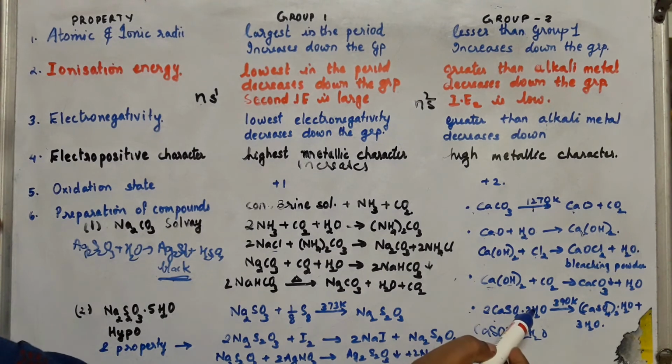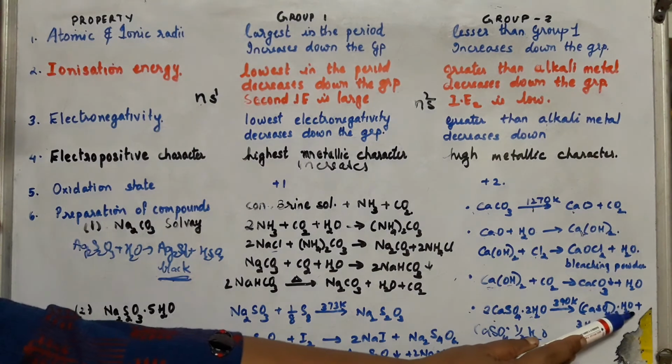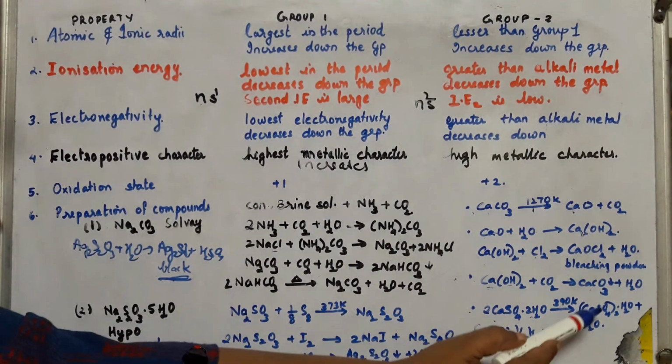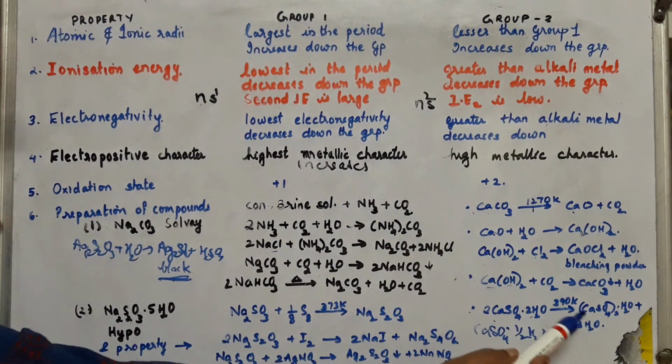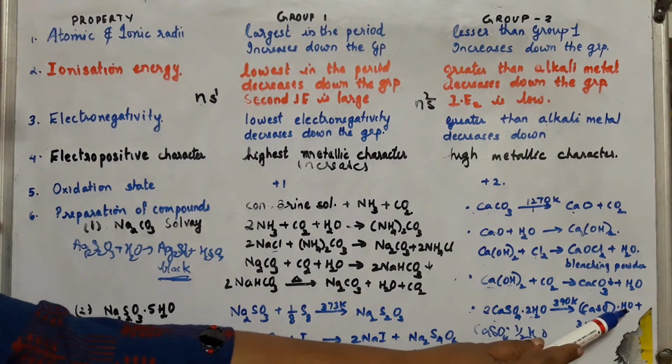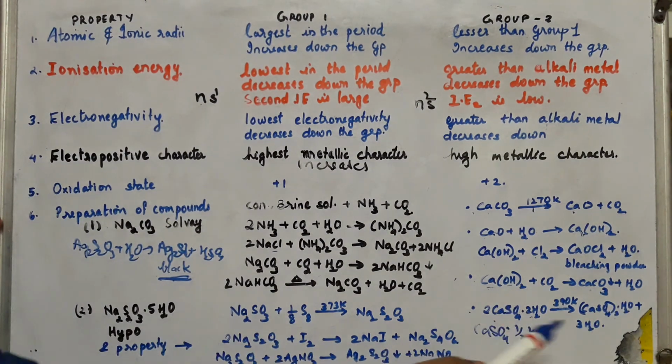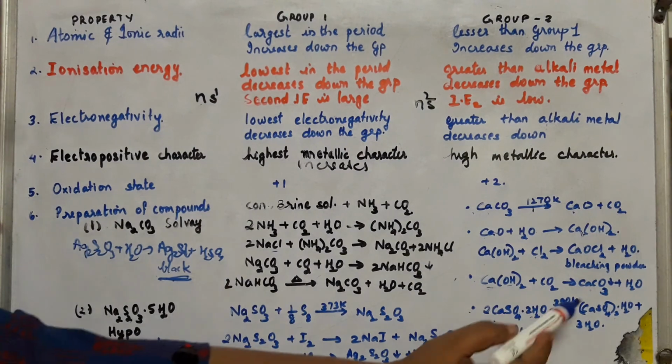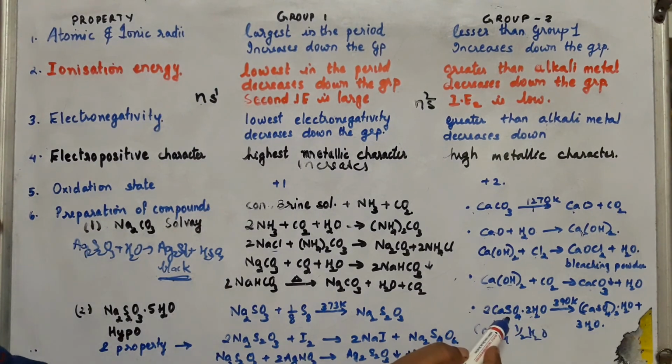So you can see it will lose 1.5 molecules of water. Just to make it a whole number, multiply by 2, and you get (CaSO4)2·H2O. Instead of half H2O, we multiplied by 2. So you are getting (CaSO4)2·H2O as plaster of Paris. So this is how plaster of Paris is prepared from gypsum.